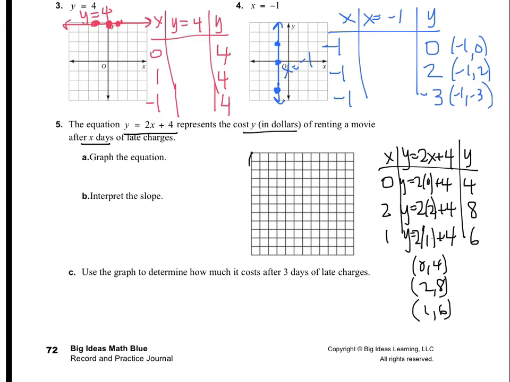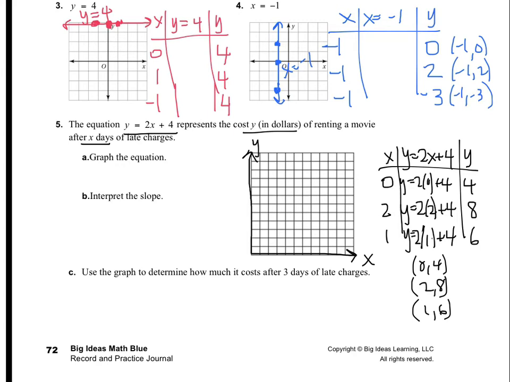First I have to make my axes, and again, since I can't have negative days or negative money, I'm going to keep myself in the first quadrant. When there's a story, you're typically in the first quadrant, but sometimes you could be negative. You just want to pay attention to if it makes sense.